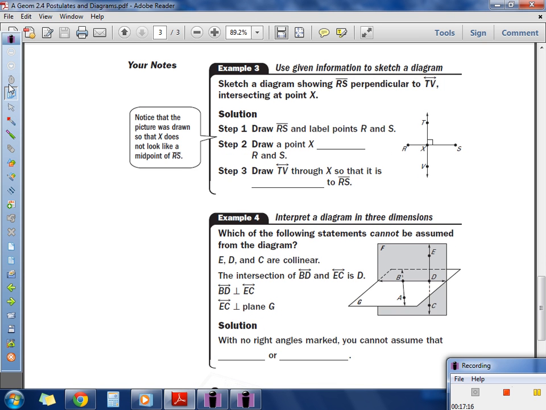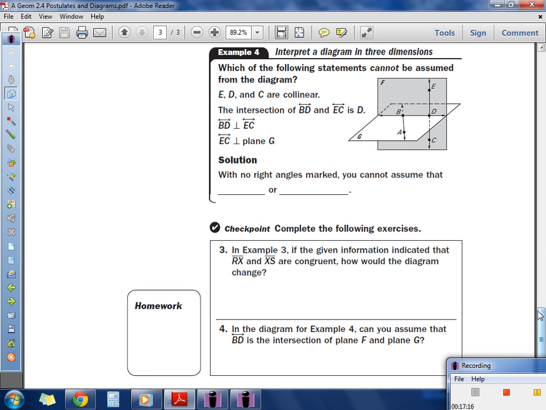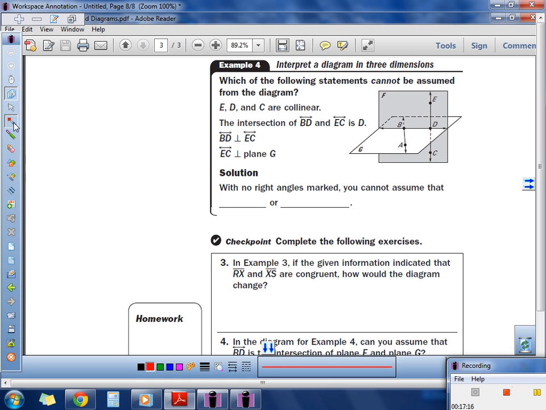On number 4. It says, in the diagram for example 4, this one up here, can you assume that line BD is the intersection of plane F and plane G? I told you a tip earlier on how to find the intersection of two planes. You look at the edges of the planes. Here's the edge of one plane and the edge of the other. Put a dot on the intersection. Do the same on the other side.